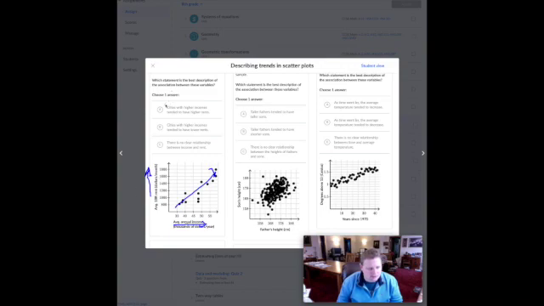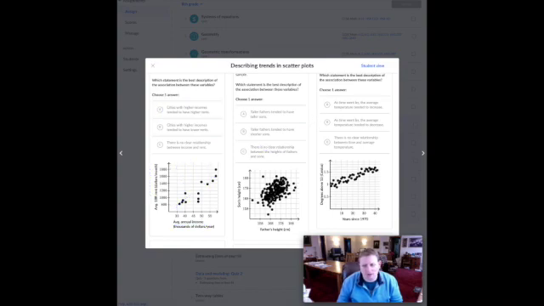So cities with higher incomes have higher rents. One goes up, the other goes up. Anytime you have a graph like this, both are going up. This one here, there is no clear relationship. If it's just a blob, there's no clear relationship.